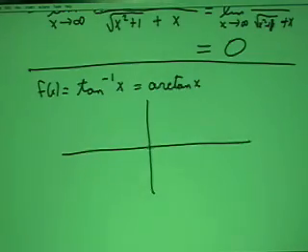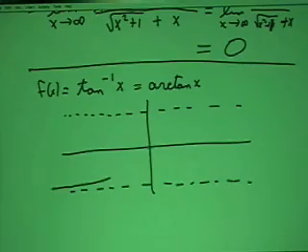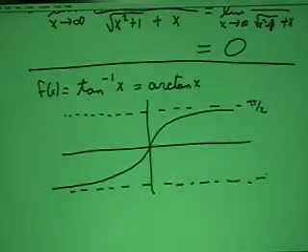Now, I don't expect you to know this just now, but I will expect you to know it because this is a very, very important function. It has two horizontal asymptotes. And the graph of it is a flip of the tangent function. So it goes just like this. And the nice thing about this function is that it spends its life between pi over 2 and minus pi over 2.